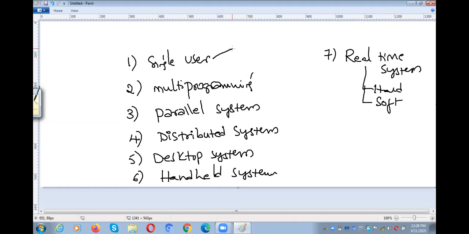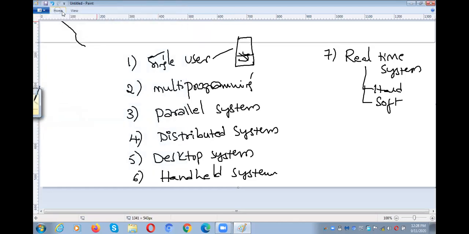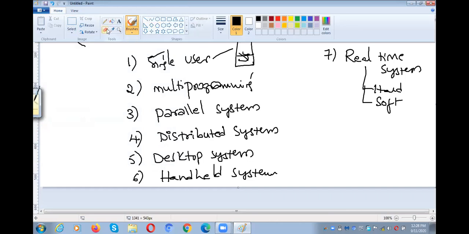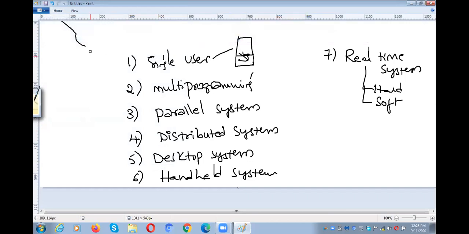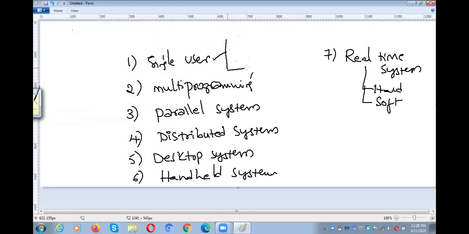Single user operating system: the memory is divided into only two parts.